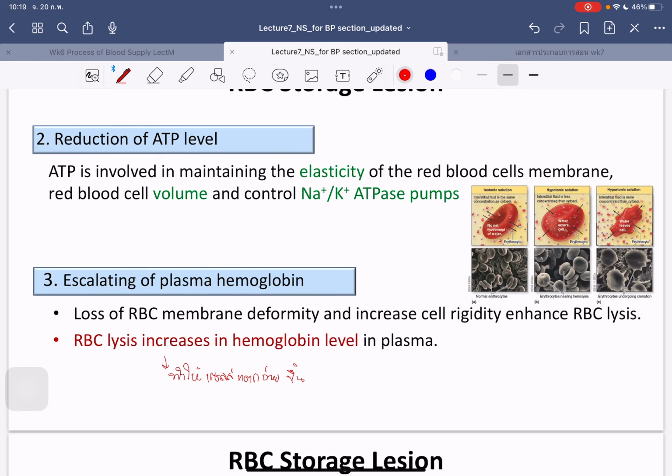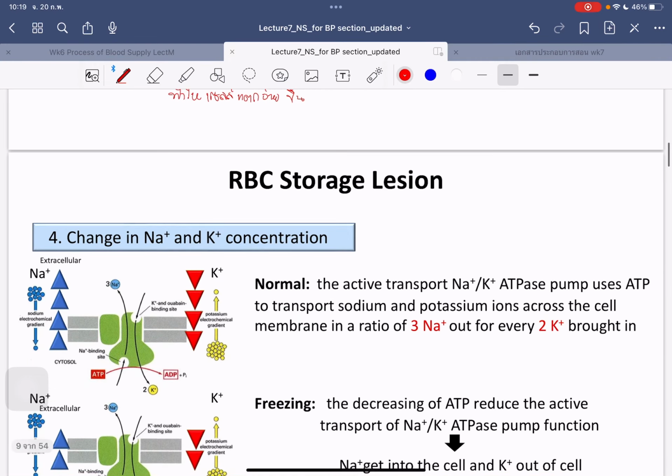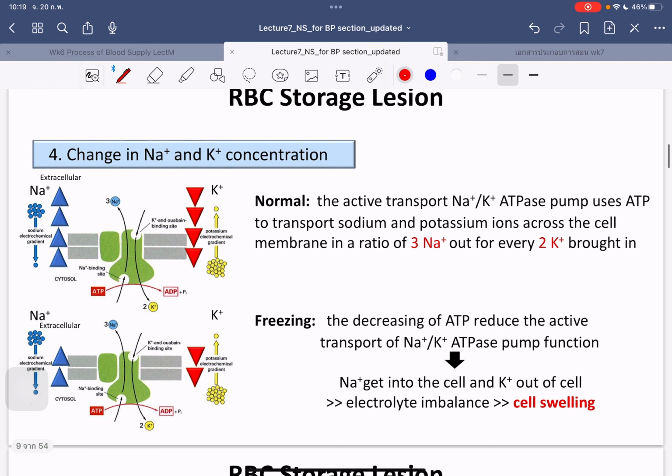The first one, which I already told you, is that the sodium potassium pump requires ATP to function. In normal conditions, sodium is at high concentration outside the cells, and potassium is at high concentration inside the cell. Even so, sodium is pumped out of the cell all the time, while potassium, even though it is already at high concentration in the cell, is pumped into the cell, at a ratio of 3 molecules of sodium out to 2 molecules of potassium in.